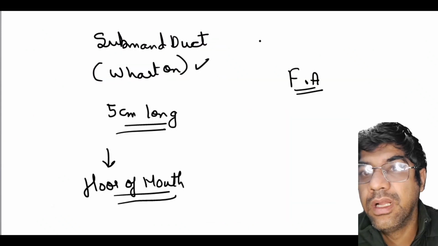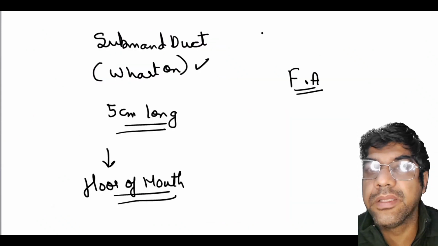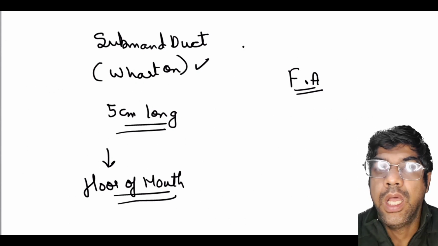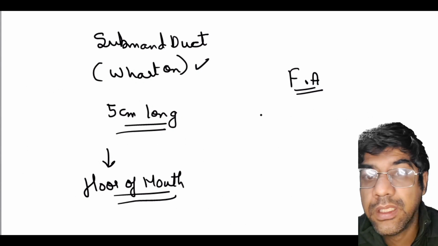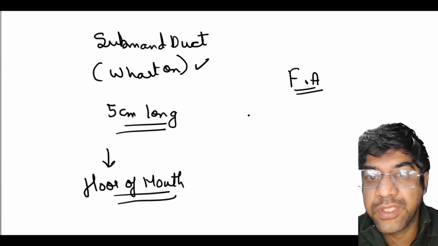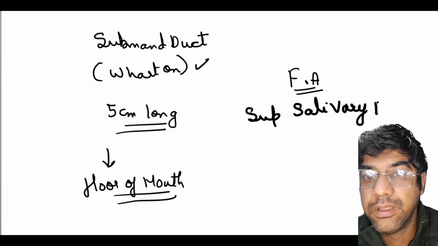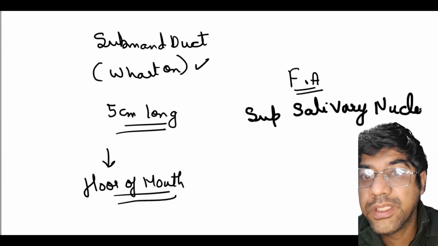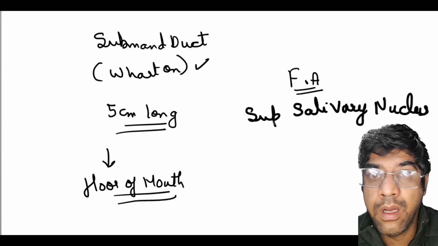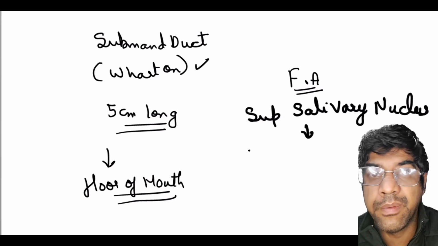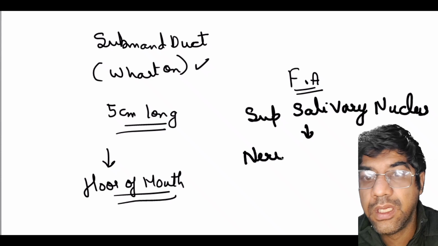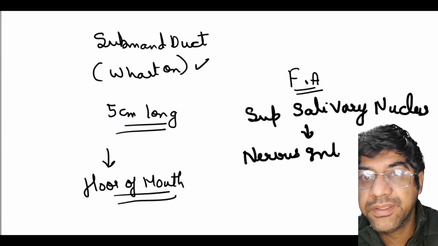So let's simplify the secretomotor pathway of the submandibular and sublingual glands. They start from the superior salivatory nucleus. The origin of secretomotor fibers is from the nervus intermedius.